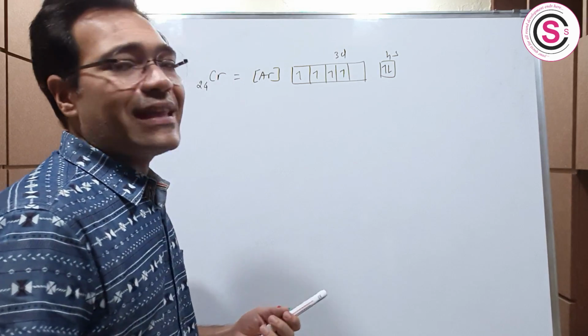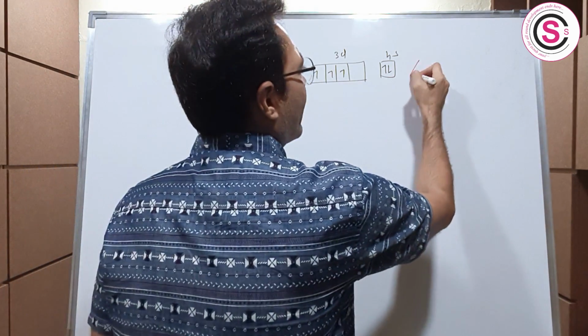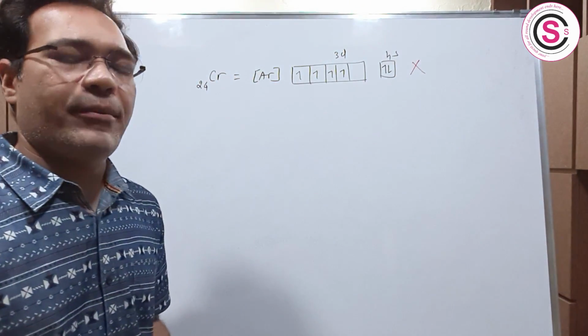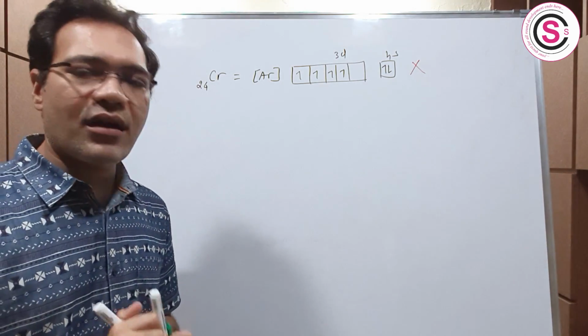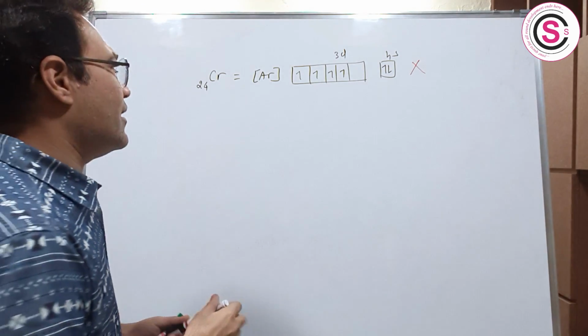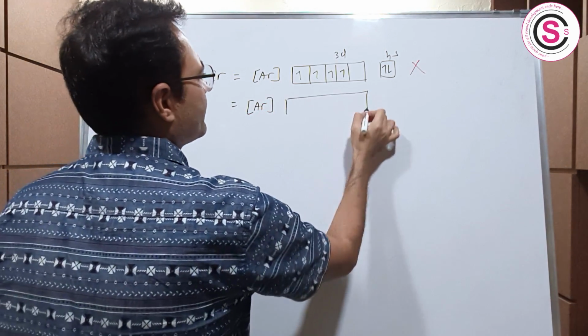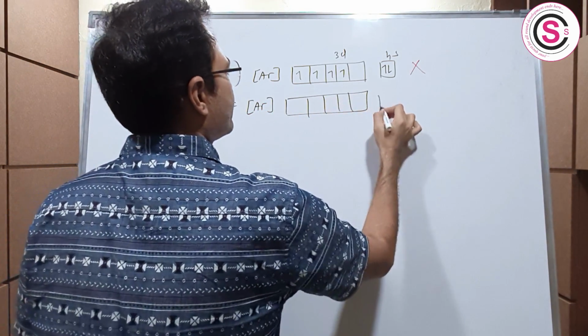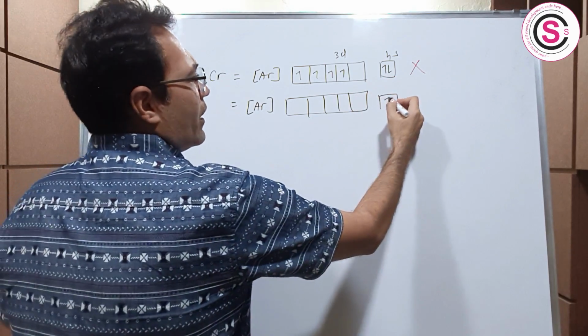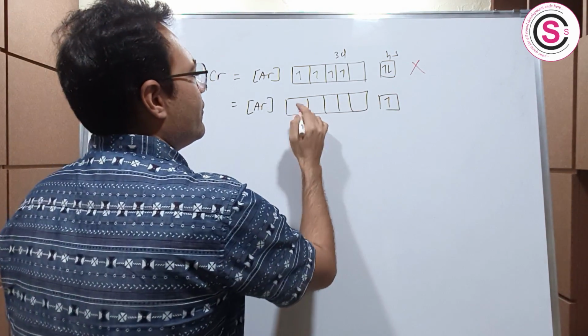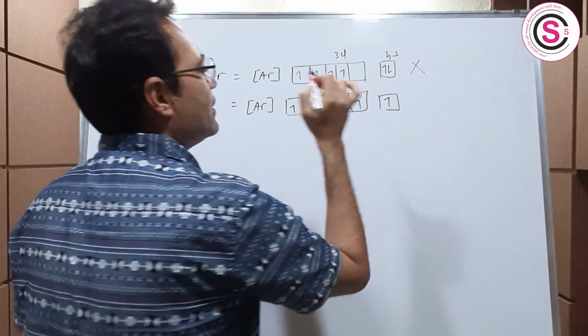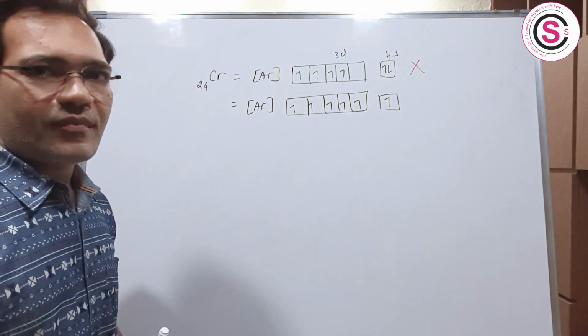But we know that this is not the correct electronic configuration of chromium. Right, students? The correct electronic configuration of chromium is this: 1 electron in 4s and 5 electrons in 3d orbitals. Correct?